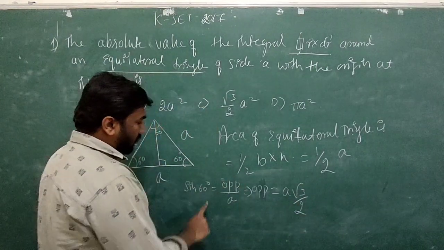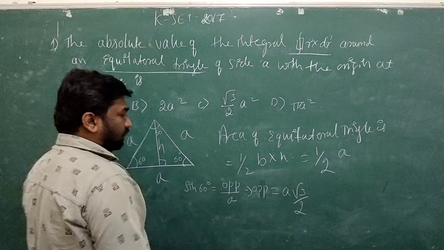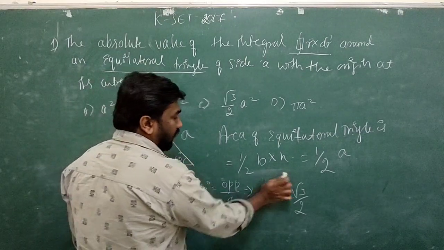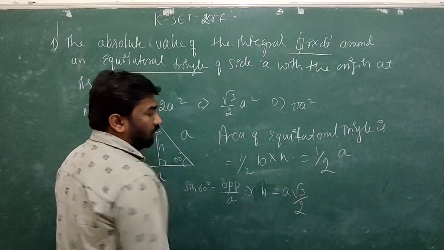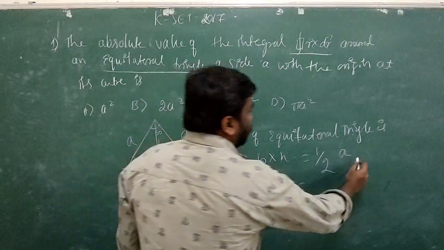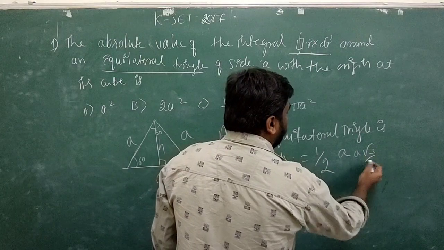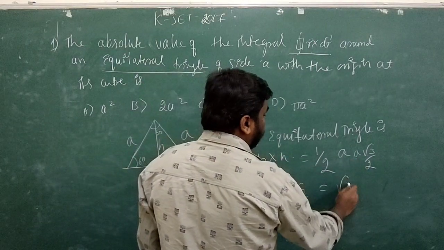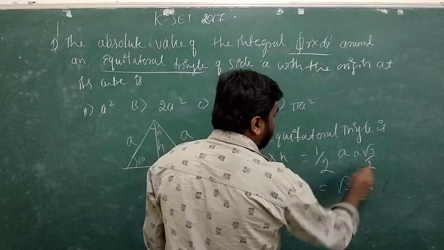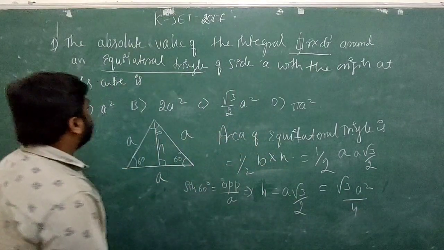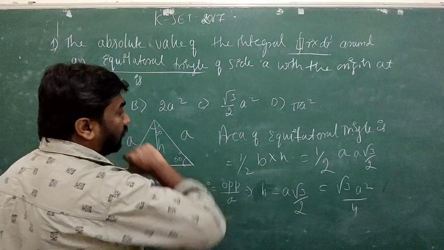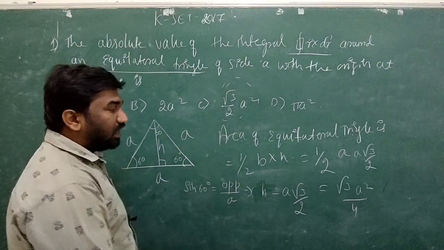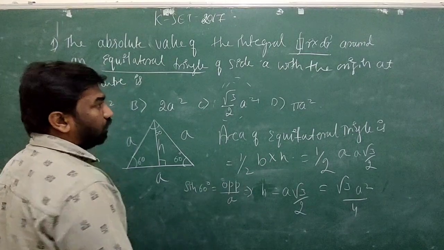So this is height H. Opposite side is nothing but H. So height is equal to A root 3 by 2. Therefore the overall answer is root 3 A square by 2 into 2, so root 3 A square by 4. This is the answer.